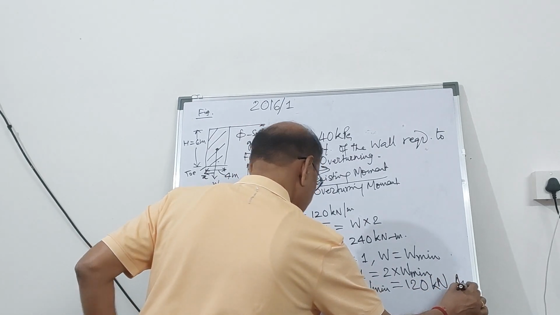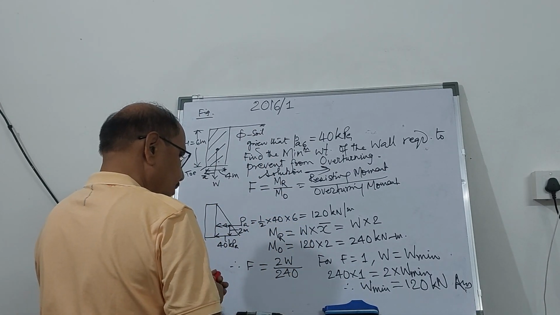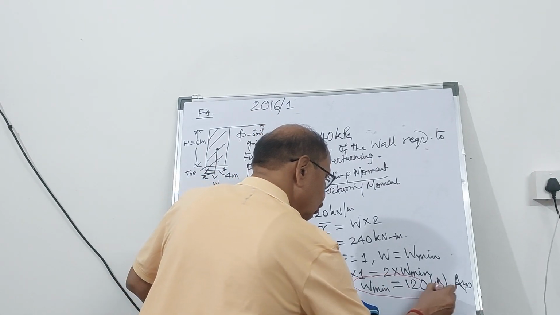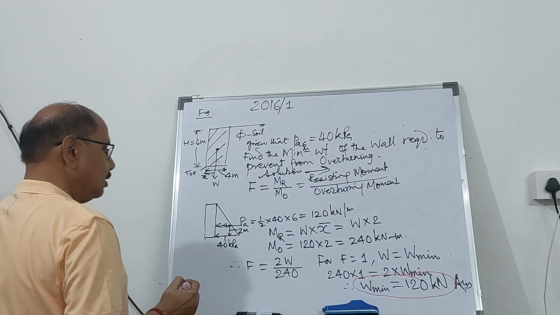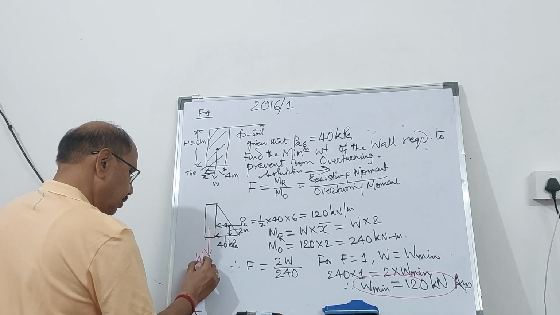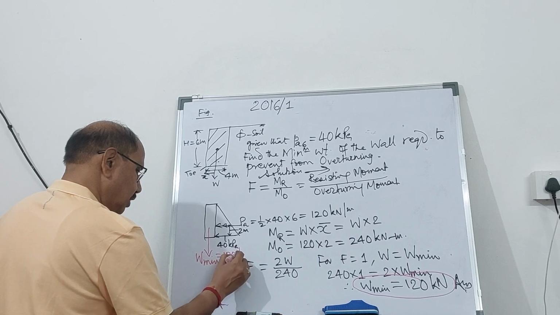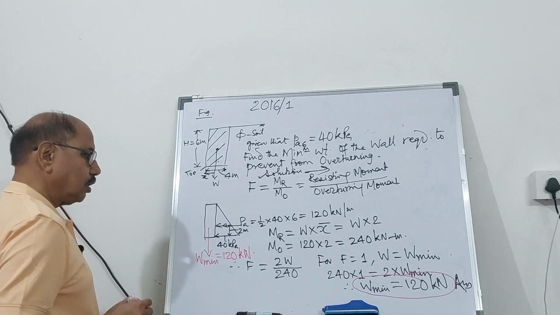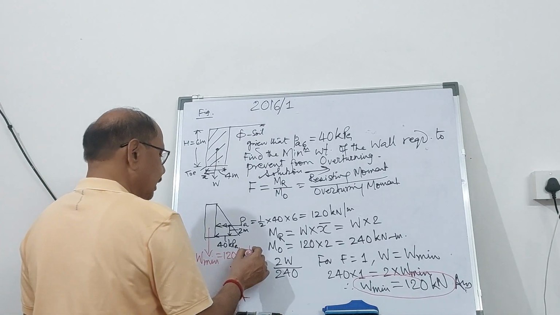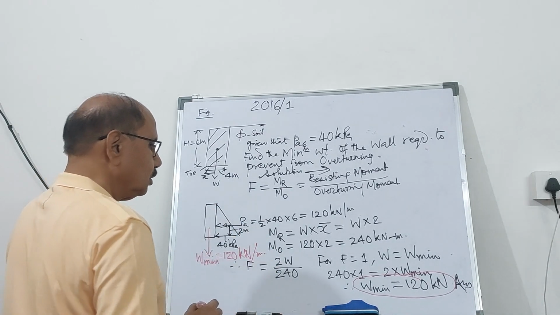This is the answer. So friends, you have seen how the questions are asked in the GATE examination. So the minimum weight, W minimum, equals 120 kilonewton per meter, of course per meter length of the wall.